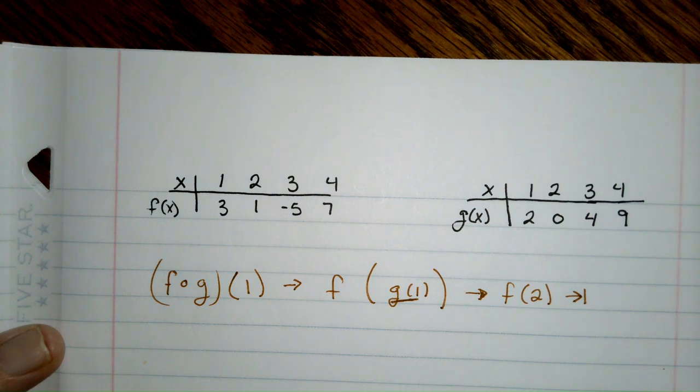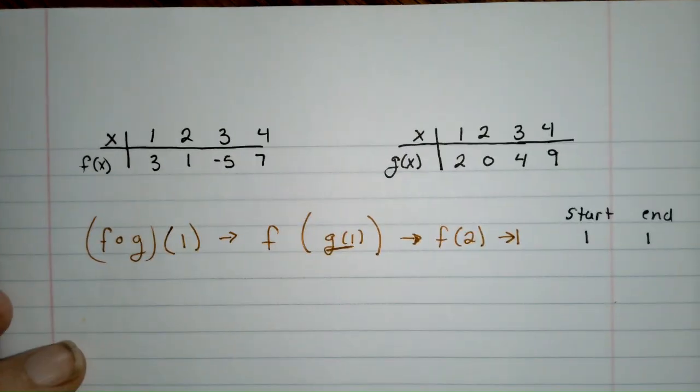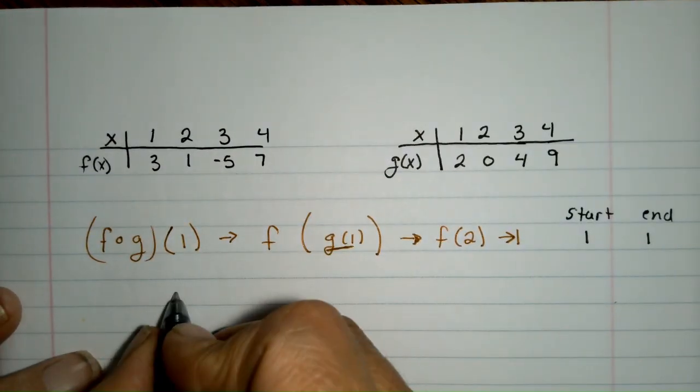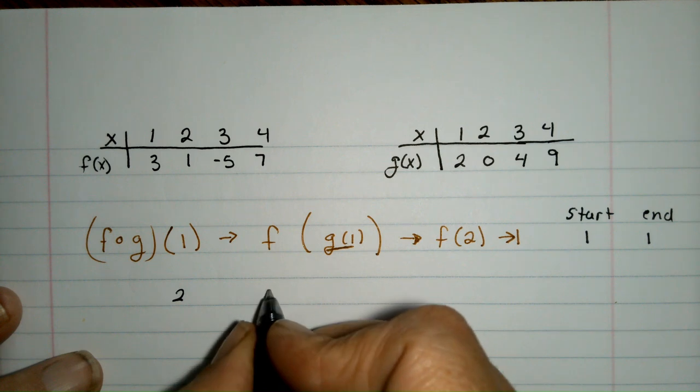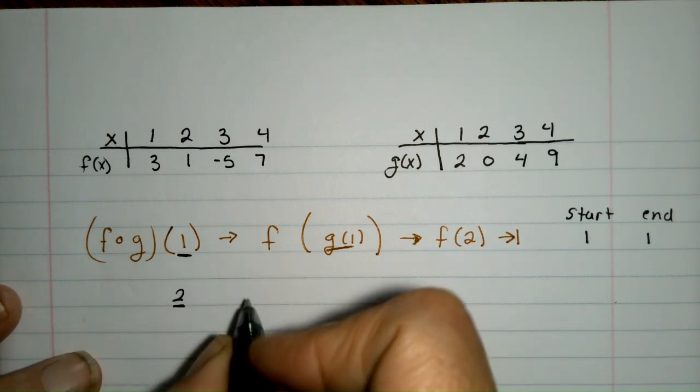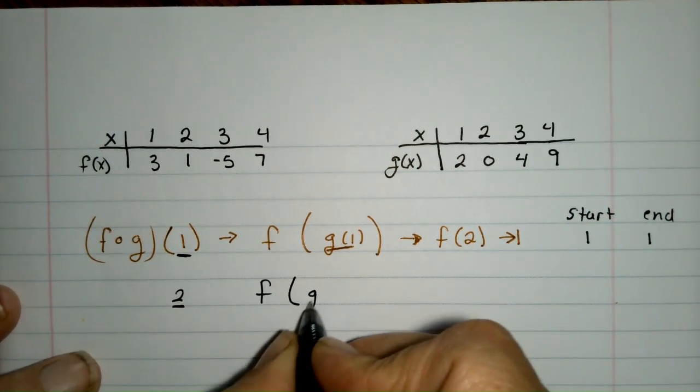Okay. So we started with an x value of 1, and we ended with a 1. Okay. What if I did 2 instead? Instead of 1, let's change it to 2. So f of g of 2.